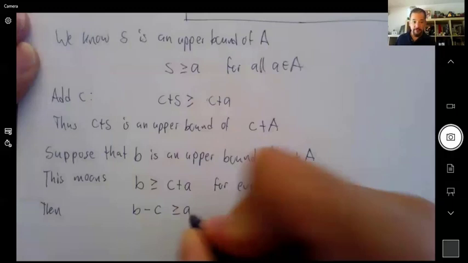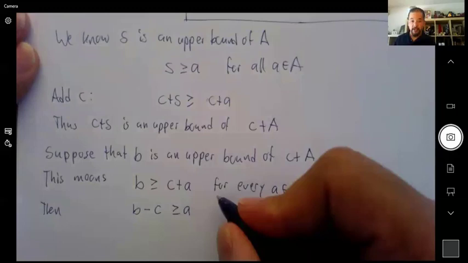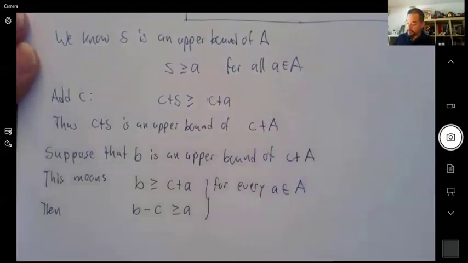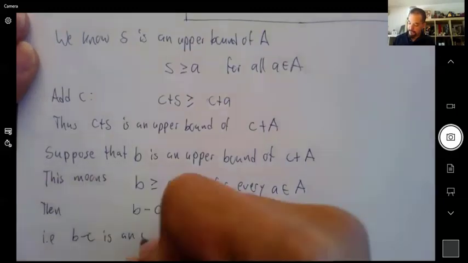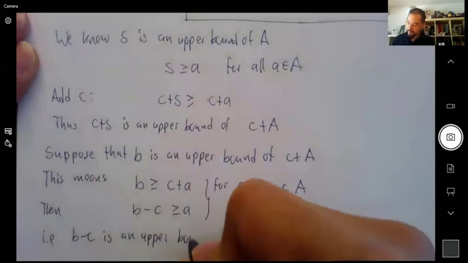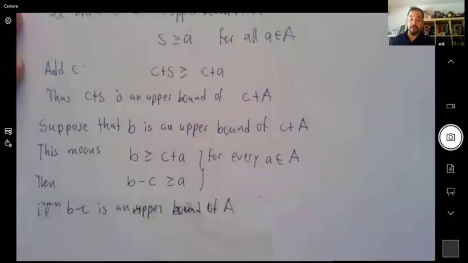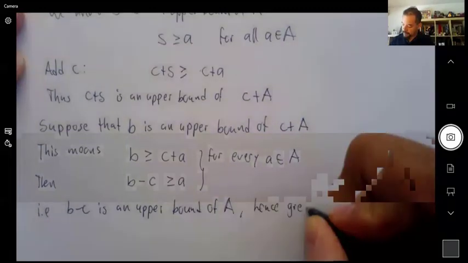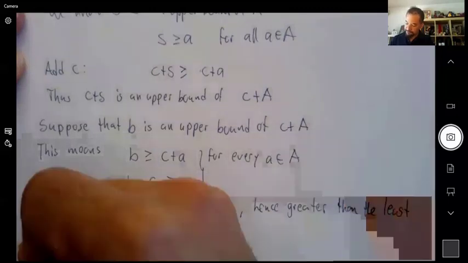We have that B minus C is greater than or equal to little a, again, for every little a in A. And that means B minus C is an upper bound of capital A. And because it's an upper bound, it has to be greater than or equal to the least upper bound.